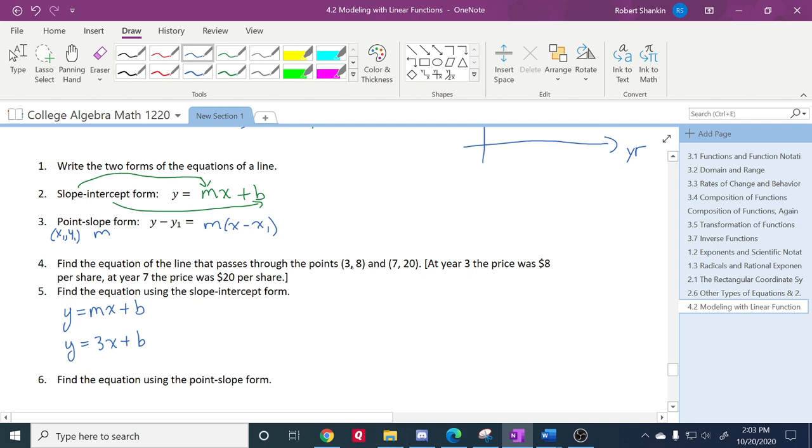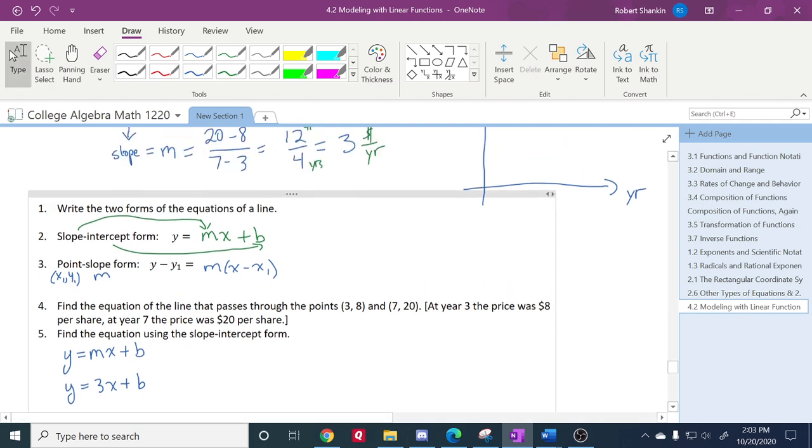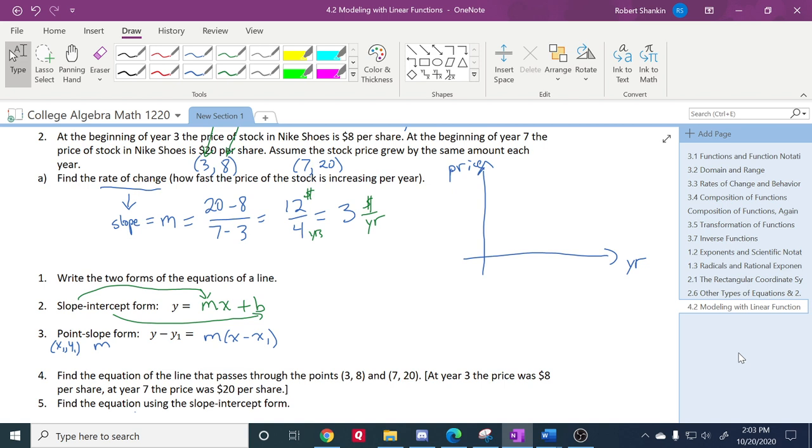So, and we could even look at the graph on this. So if we went 3 over, we'd be 8 up. I'm just going to approximate it like that. And if we went 4, 5, 6, 7 over, it would be 20 up.